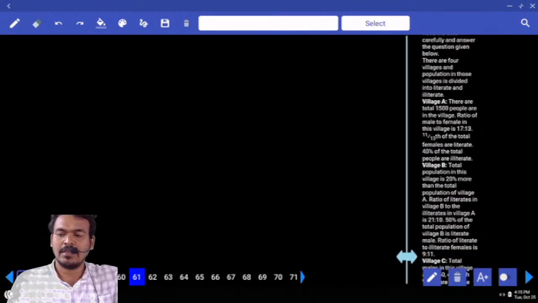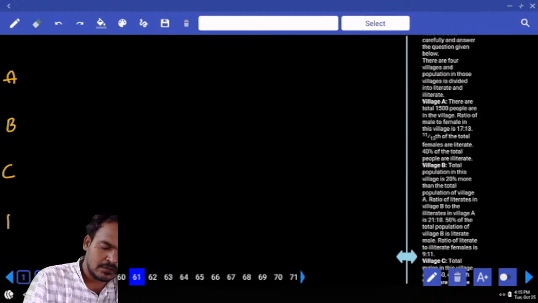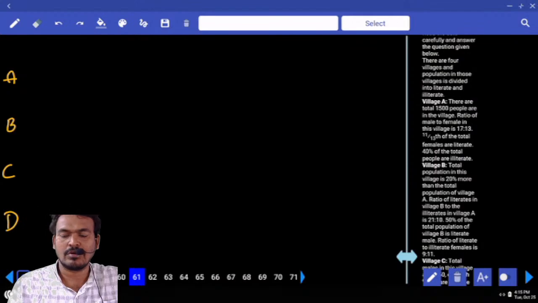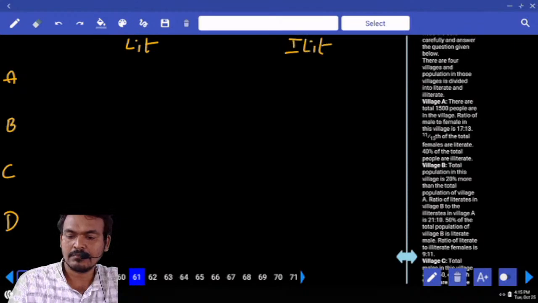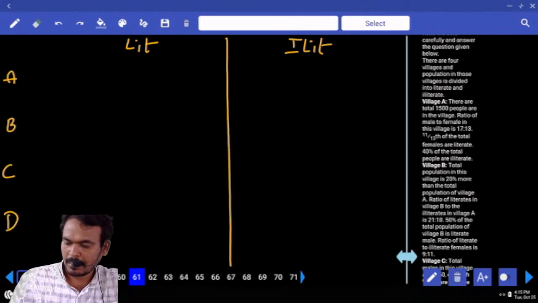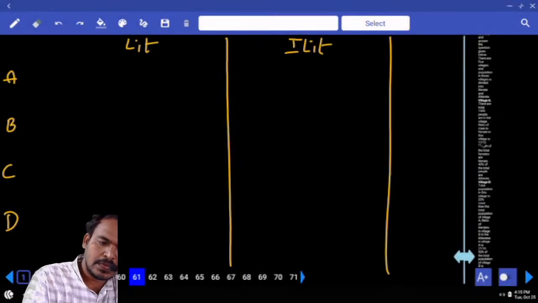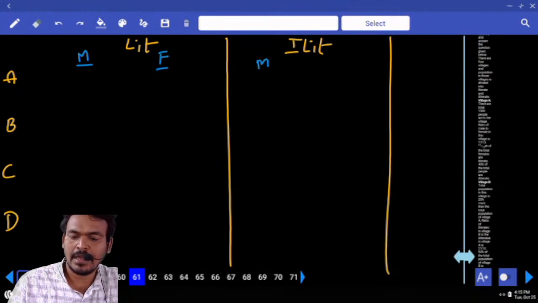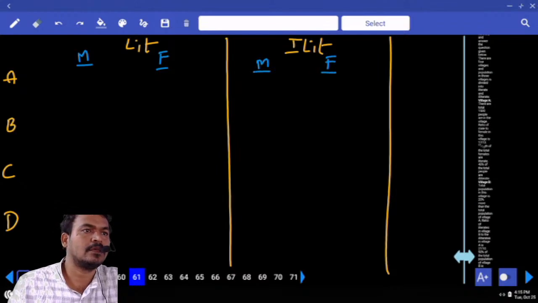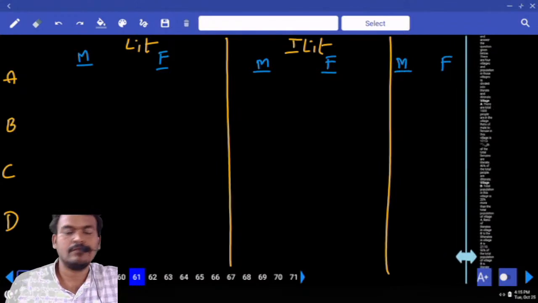First of all, there are 4 villages, A, B, C, D. Each is split into two categories, literate and illiterate. In literates, male and female; illiterates also male and female. Next, here the total males and total females.